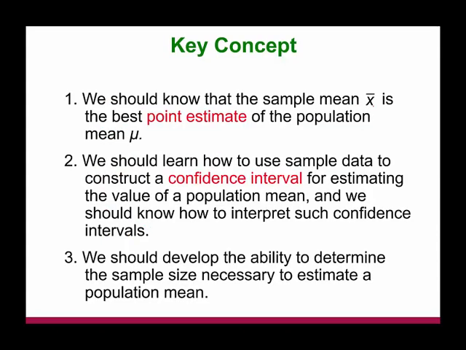So the sample mean x bar is the best point estimate of the population mean mu, assuming the sample is a simple random sample.